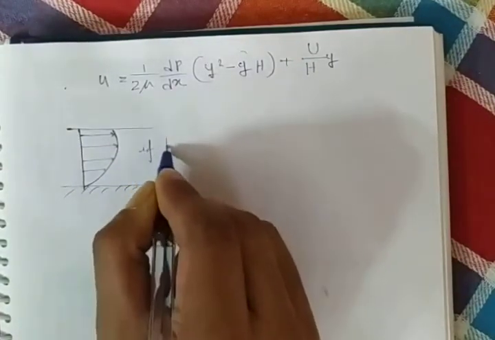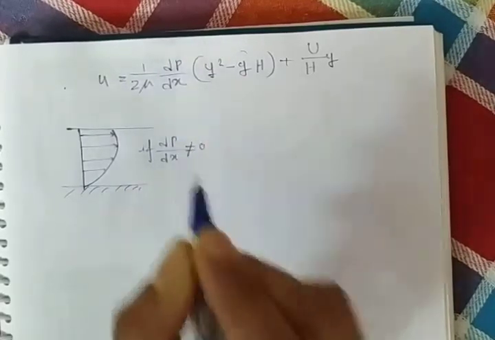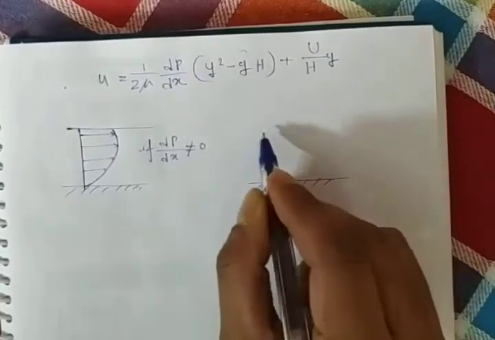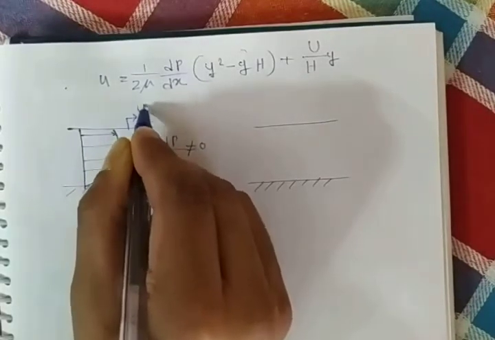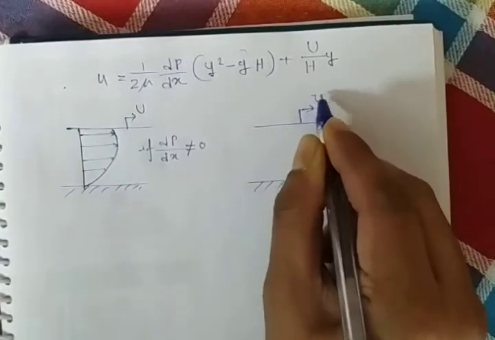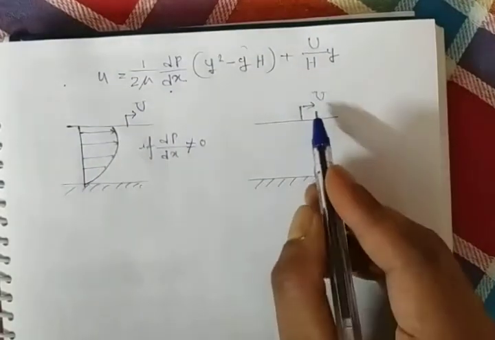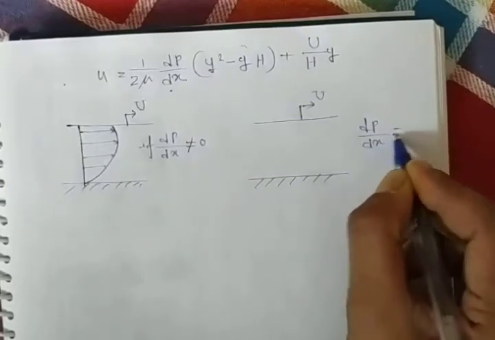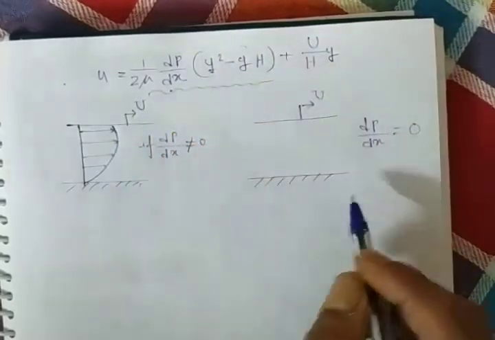This is for dp by dx not equal to 0, where the upper plate is moving with a velocity capital U. Now for dp by dx equal to 0, the whole pressure term becomes 0.